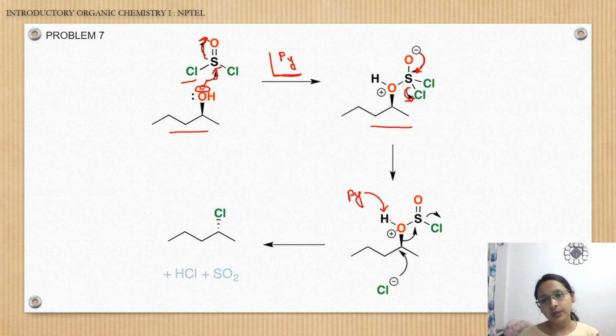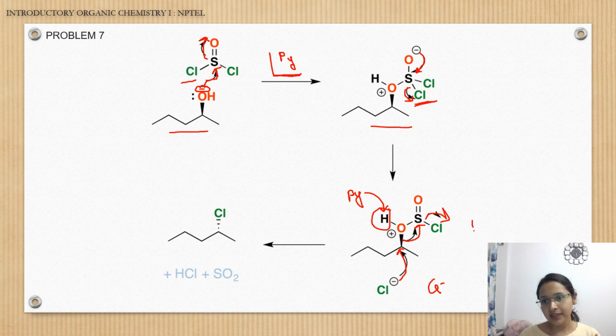So this proton will be taken up by the pyridine, and again the Cl minus, which is knocked out by the thionyl group, will attack on this particular system. So this Cl minus will again attack on the carbon, and you will end up having this whole thing out. That means now pyridine is taking the H, Cl is going out.